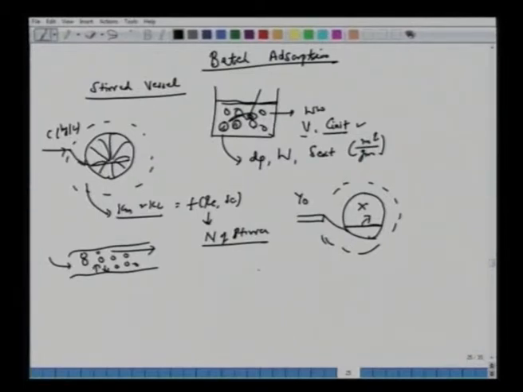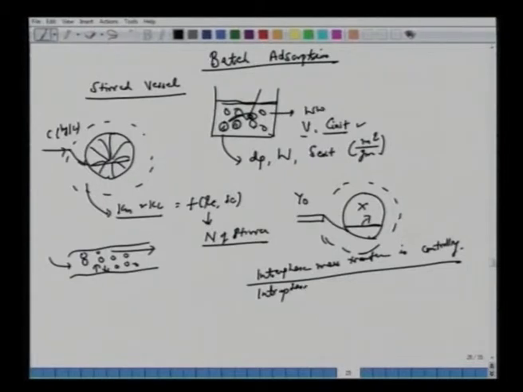Why? Because we are saying that interphase mass transfer is controlling. Pore diffusion, or intraphase mass transfer, is fast, or the diffusion resistance is smaller here. With time, the concentration of color in the wastewater will change from Y0 to Y1 to Y2, all functions of time, and the solid concentration will increase.